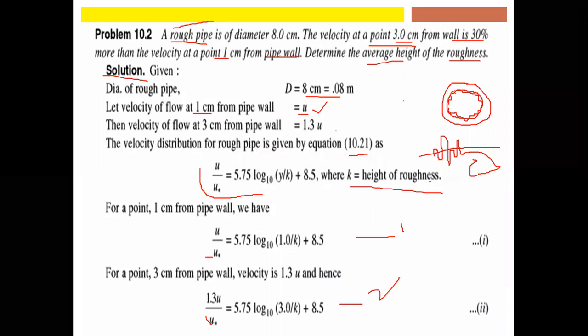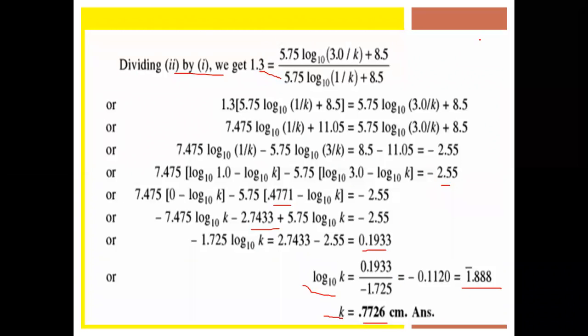So like this you have to solve the problem when you get any rough pipe or smooth pipe. They will give two instances, the velocity at one point and the velocity at another point. Taking those two values and dividing, you calculate the value of k. Hope you understood this problem.